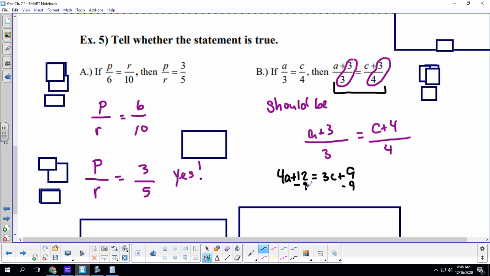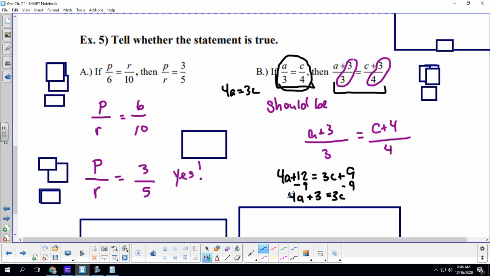Let's go ahead and minus 9. 4A plus 3 equals 3C. And that in no way represents what's going on here, which I guess if we do the cross products, it'd be like 4A equals 3C.